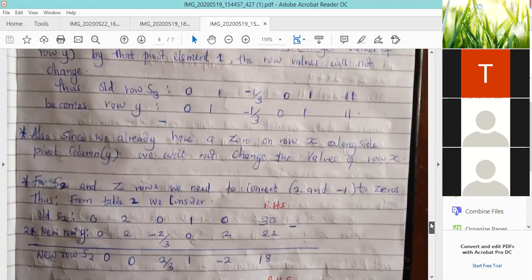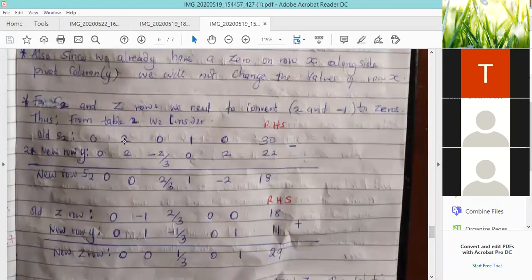We wanted to create a 0 where we had a 2 here. So we have S2, new one to be 0, 0, 2, 2, 0. Then this will be minus 2 there, 2 all over 3 there. And then here this is 1, negative 2.